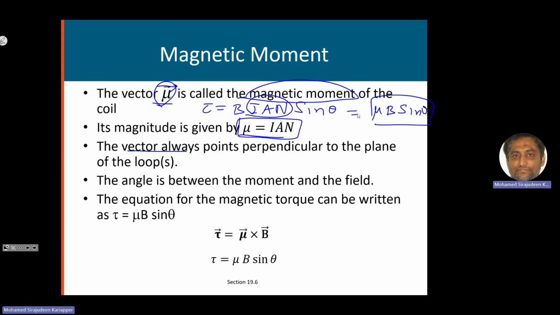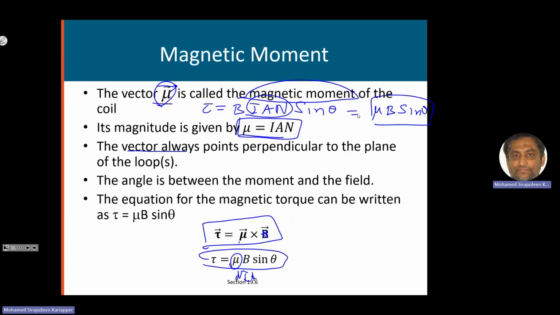We will say the torque vector is equal to the vector product of the magnetic moment and the magnetic field. It correctly gives us the magnitude: mu B sine theta. If we substitute mu equal to NIA, we get the same exact equation for the magnitude. Written as a vector equation, it also gives us the direction of the torque.